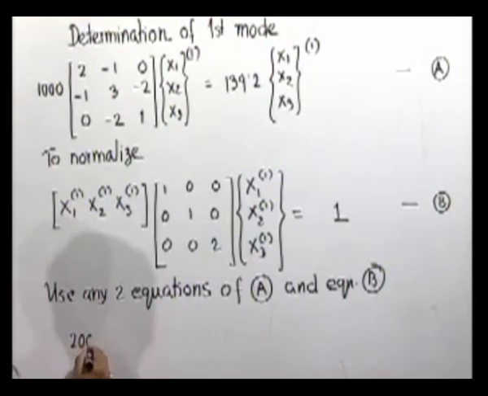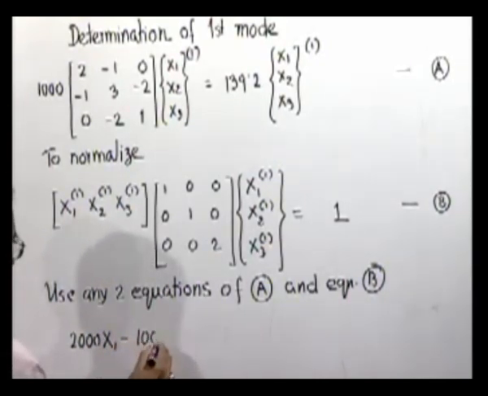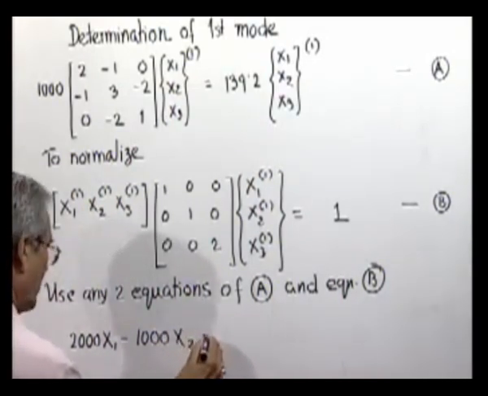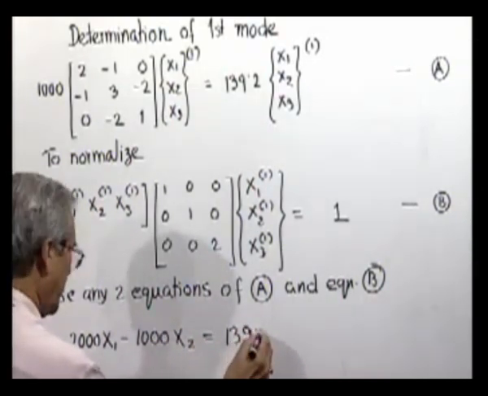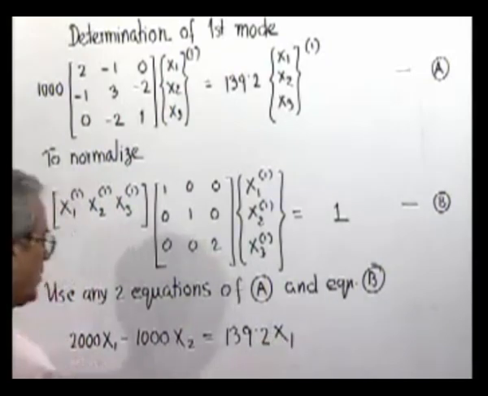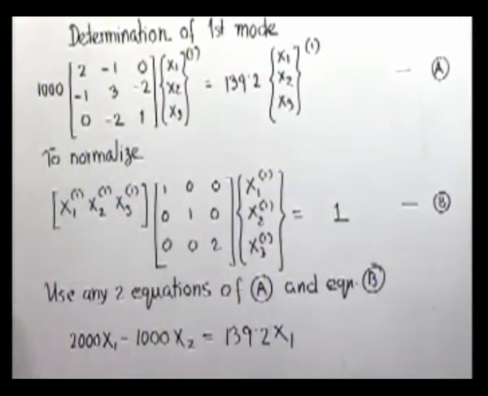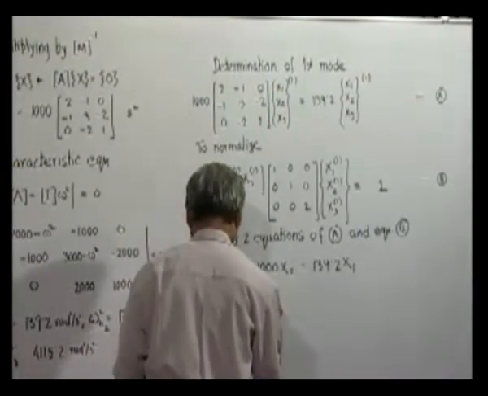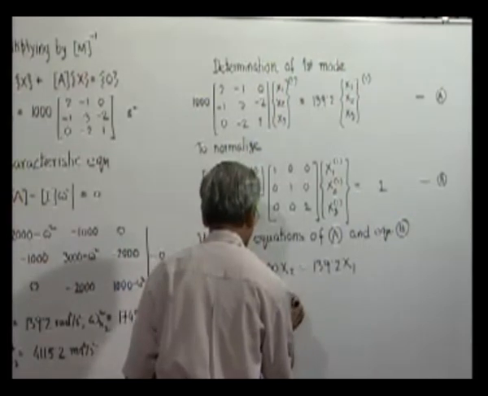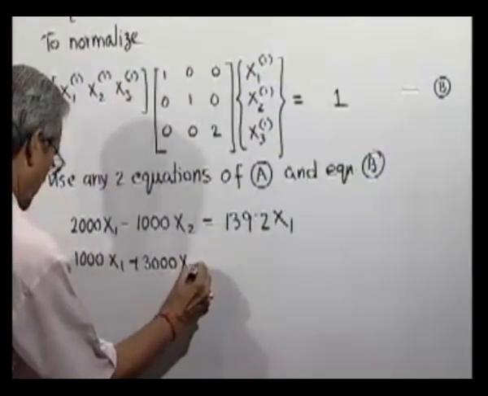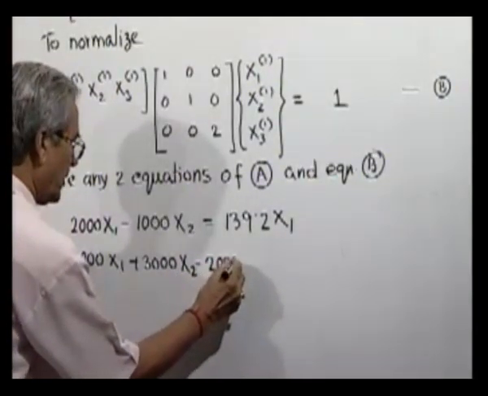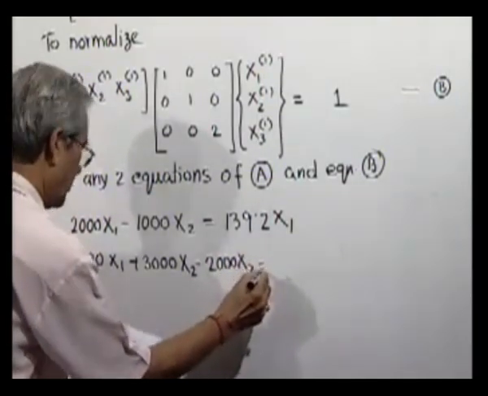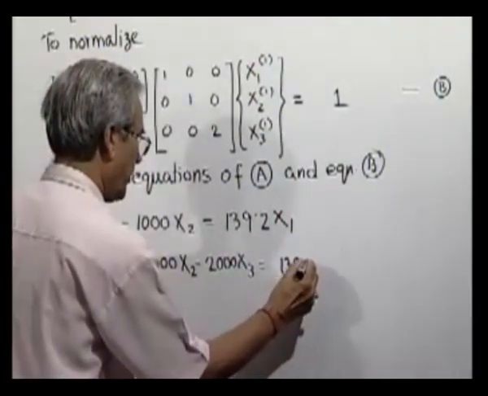So 2000 x1 minus 1000 x2 equal to 139.2 x1. The first equation will be that. The second equation will be minus 1000 x1 plus 3000 x2 minus 2000 x3 equal to 139.2 x2.